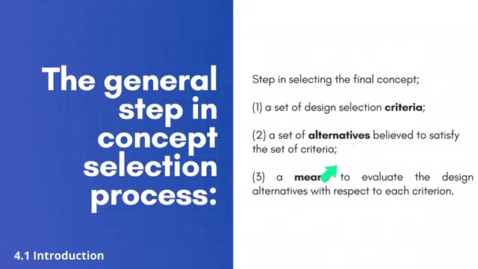Means is the method used to compare the alternatives with respect to its criteria. The means, for example, can be in the form of numbers or sentences, or any means that we can make the comparison.